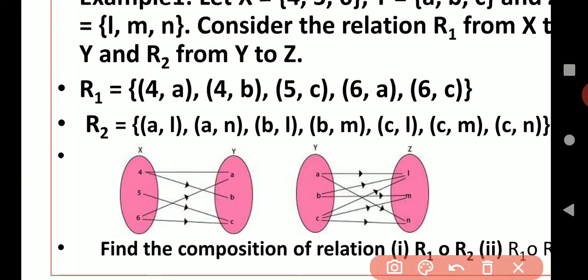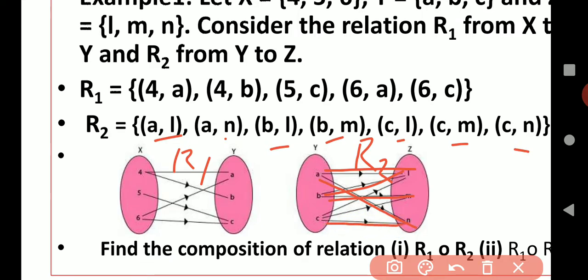This is the relation from X to Y, which we represented as R1. And we have another relation R2 from Y to Z, with al, an, bl, bm, cl, cm and cn.